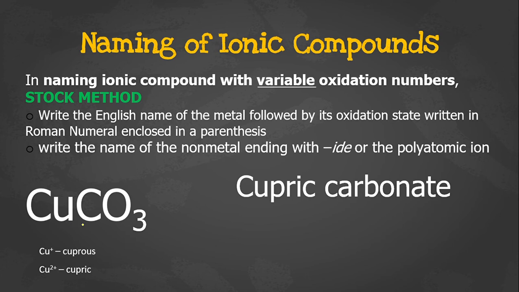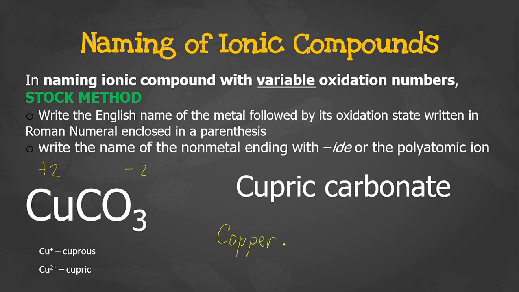So, how do we name it using the stock method? Here it is easy. Earlier, we already knew that this is +2, because this is -2, which is why there are no subscripts there. So, how do you write the stock name for cupric carbonate? First, we write the English name of the metal. What is the English name of Cu? This is copper, the name in our periodic table.